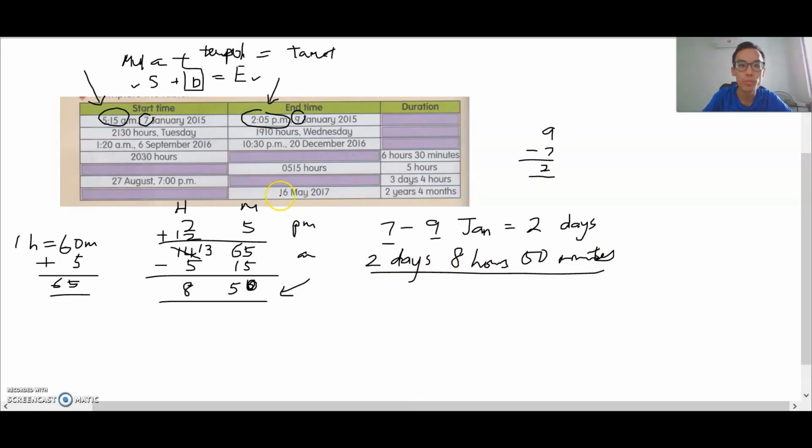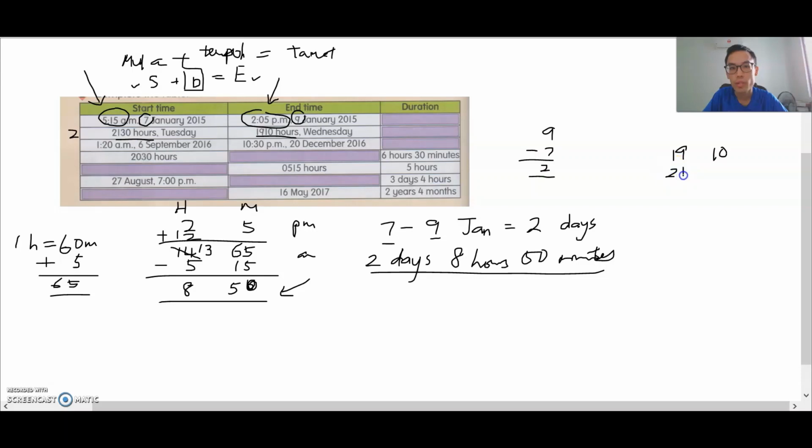Okay, number 2. Look at number 2. 21:30 hours to 19:10 hours. One is Wednesday, another one is Tuesday. So again, ending time minus starting time. This ending time is 19:10.